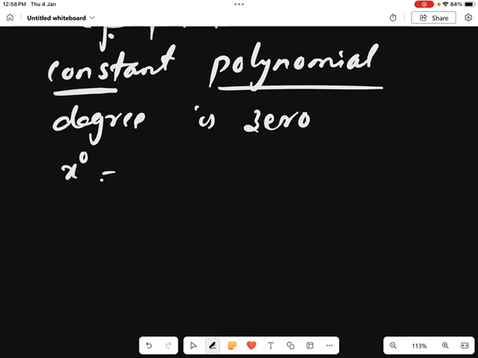The x raised to 0 is equal to 1. Then y raised to 0 is equal to 1. That means the exponent is 0, then the value is 1. So the 1 is a constant. So this is called a constant polynomial.